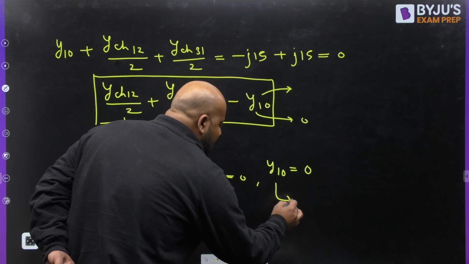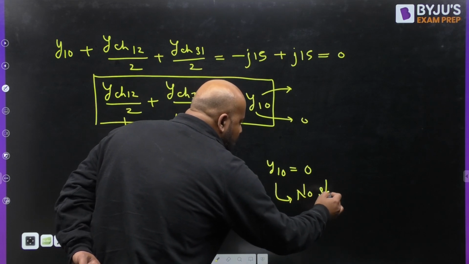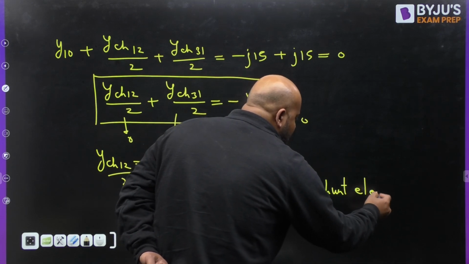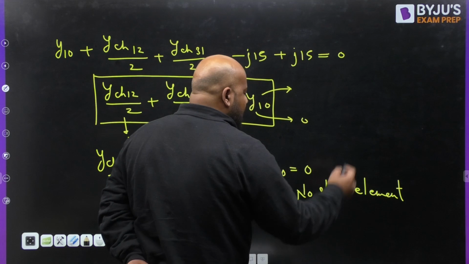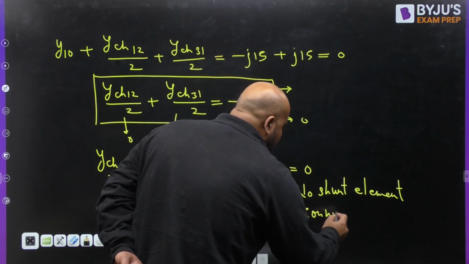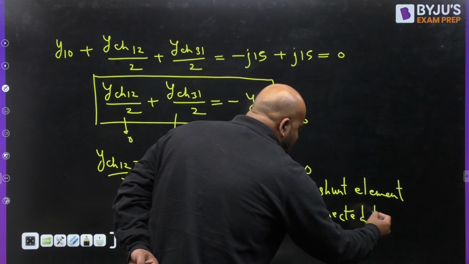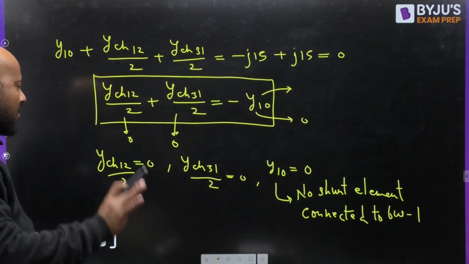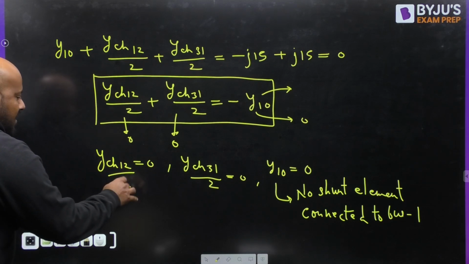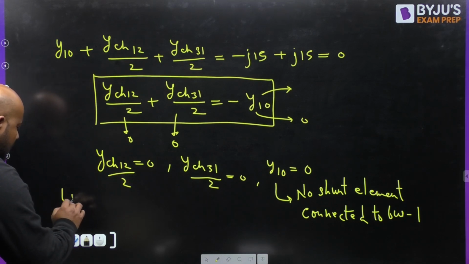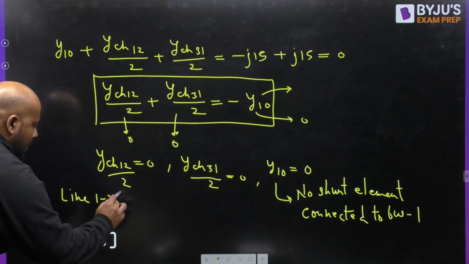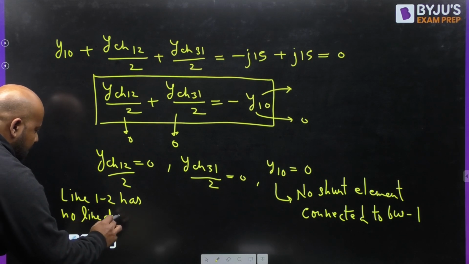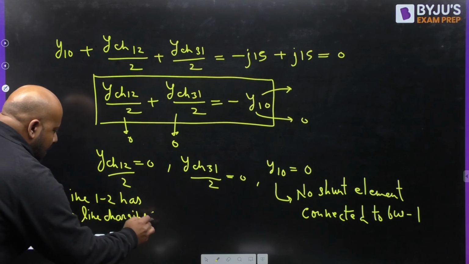So you can write some conclusions. No shunt element or shunt capacitor also you can write, or simply no shunt element connected to bus number 1. Okay, this is the conclusion. Y charging 12 is 0 means what? Line 1 to 2 has no line charging capacitance.